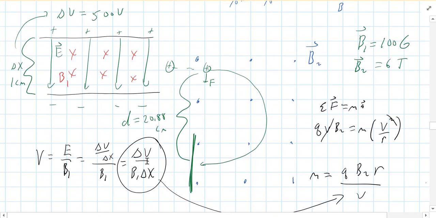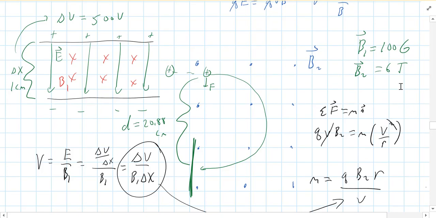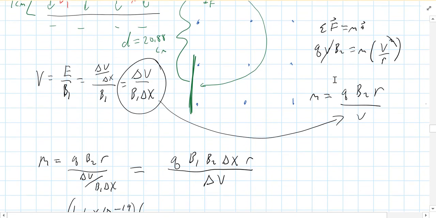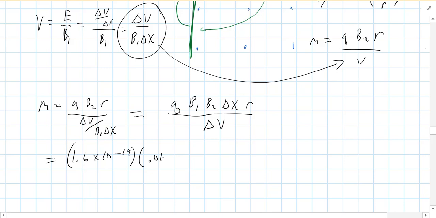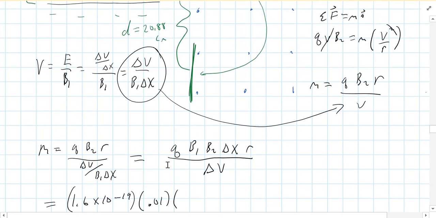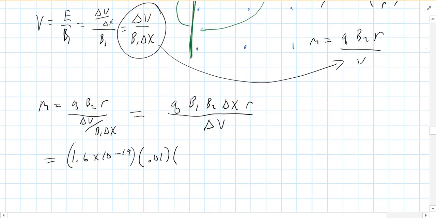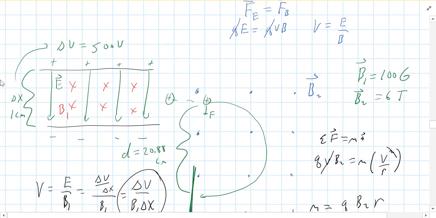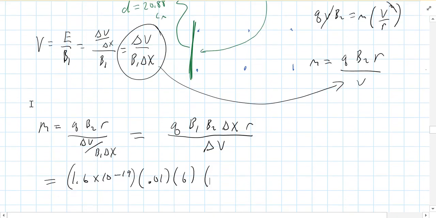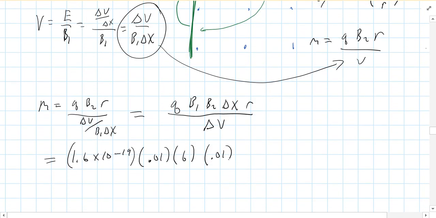B1 was given as 100 Gauss, and there's 10,000 Gauss in a Tesla, so this would be 0.01 Tesla. B2 was given as 6 Tesla. Delta X, that's the width of this tube, is 1 centimeter, which is 0.01 meters.